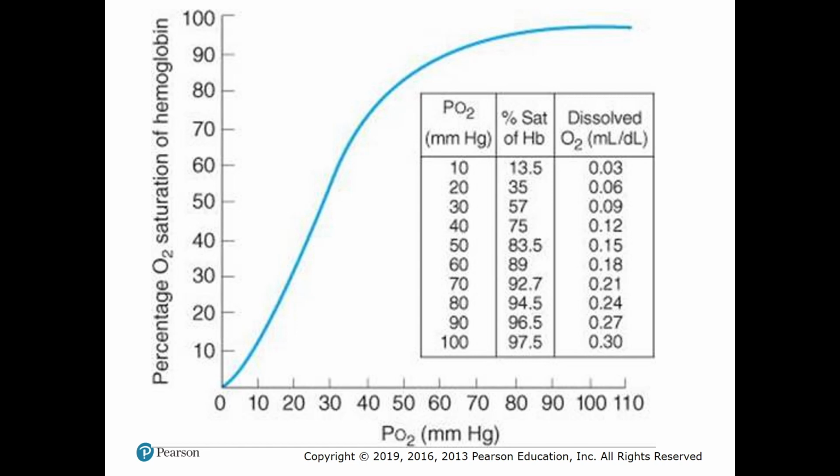If you increase the partial pressure of oxygen, you shift the reaction to the right and more oxygen gets bound to hemoglobin. If you decrease the partial pressure of oxygen, the reaction shifts to the left and more oxygen is released by hemoglobin. So this graph is of this relationship.